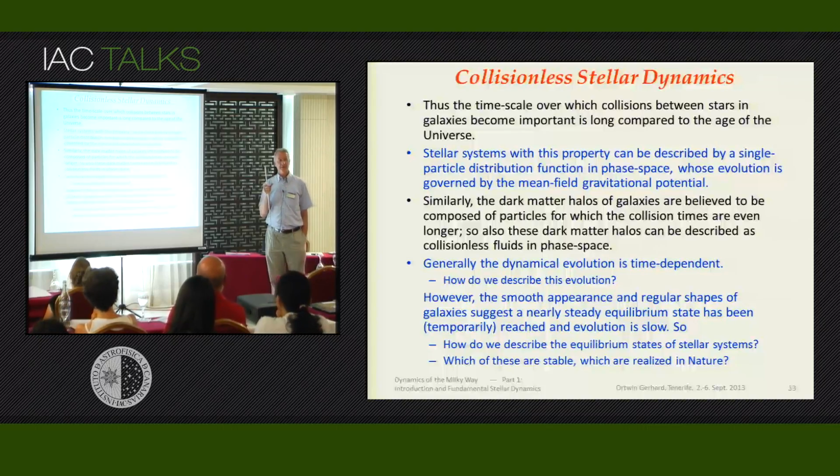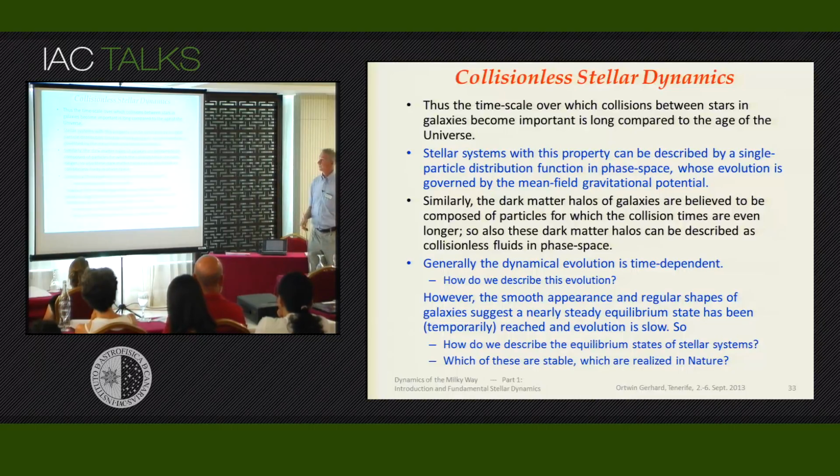And that distribution function is then evolving as governed by the mean field gravitational potential. We don't need to care about the perturbations to the potential by individual stars anymore. So we can just take the mean field potential. Now this is even more true for dark matter halos, and so also dark matter halos we can describe as collisionless fluids in phase space.